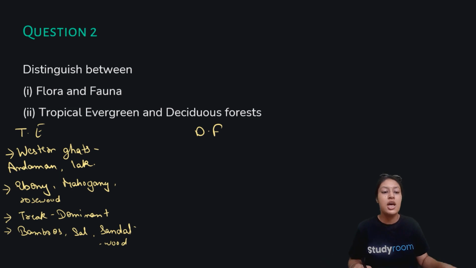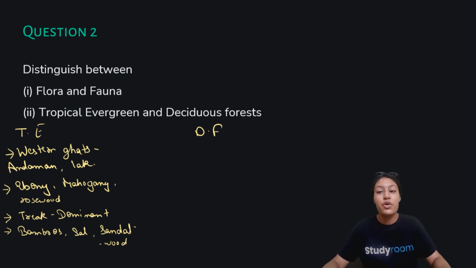In the Western Ghats. So they are found in Western Ghats, Andaman Nicobar, and the group of Lakshadweep Islands. Some important trees of tropical evergreen are ebony, mahogany, rosewood. Other important commercial trees found in tropical evergreen are bamboo, sal, and scantlewood.